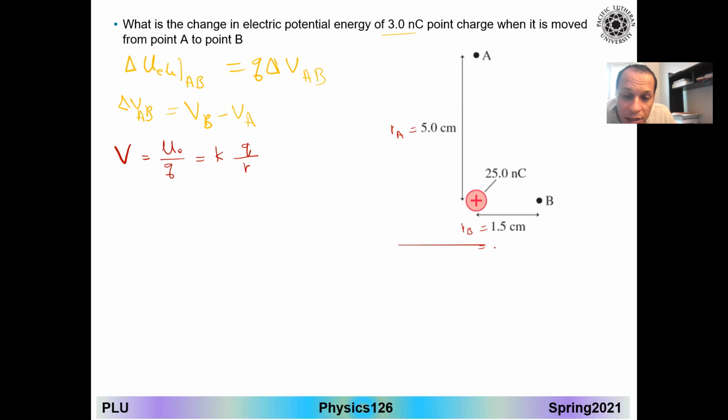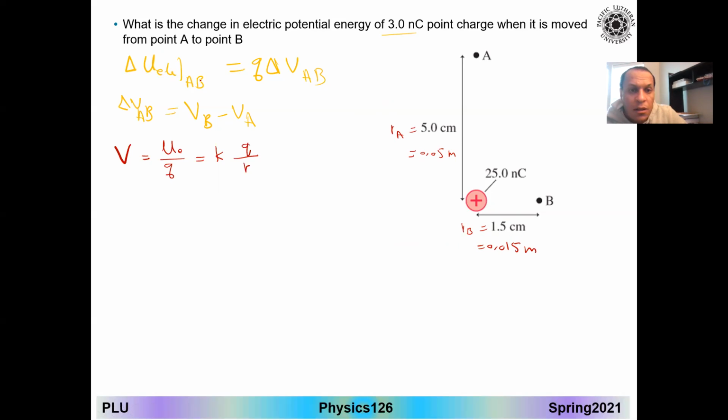If you want to write it in meter units, 0.015 meters and 0.05 meter. So I have those values.